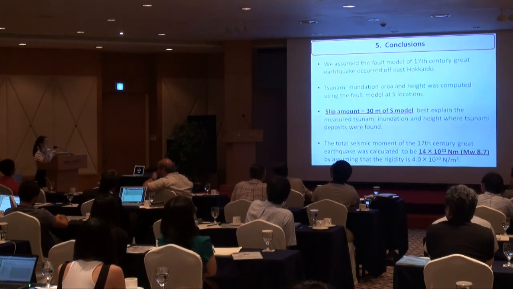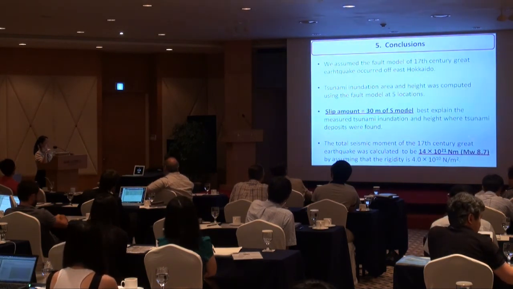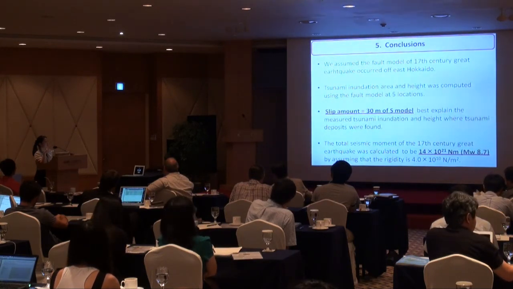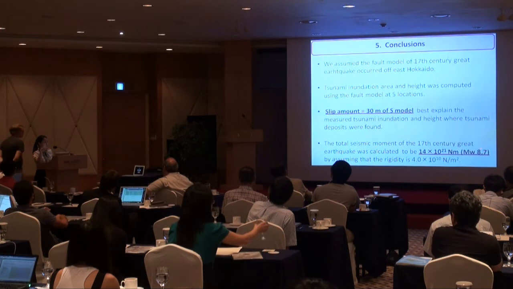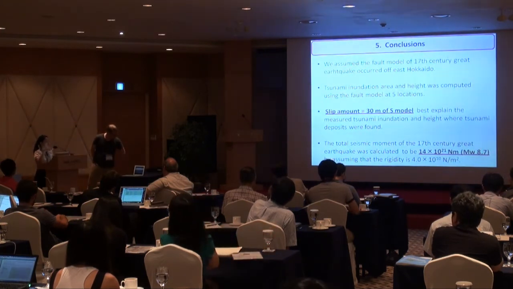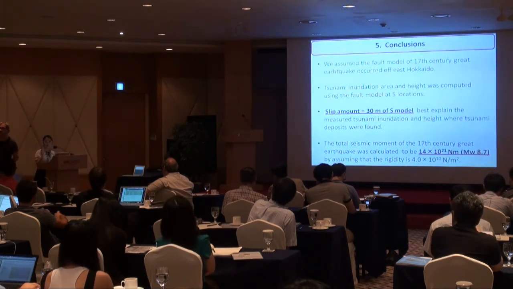So we assume slip amount equals 30 meters in the case of magnitude 8.7, but maybe 25 meters or 35 meters is okay. So the minimum is magnitude 8.7 and the maximum maybe magnitude 8.8.